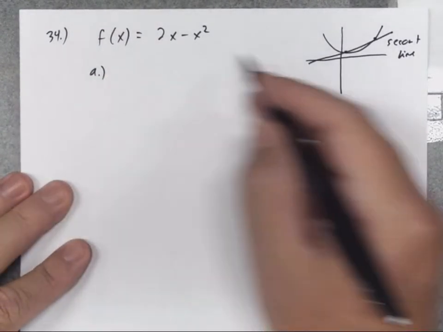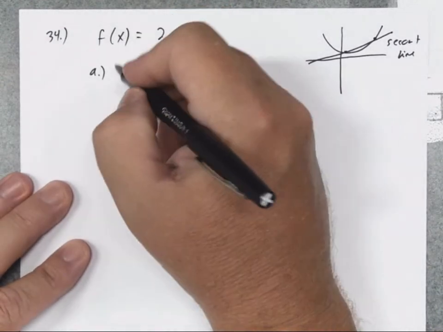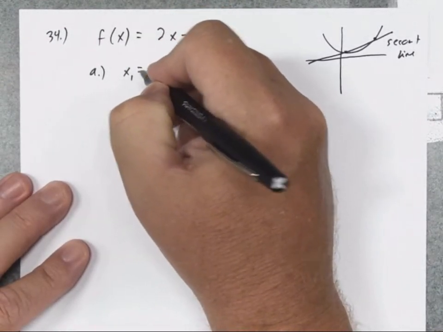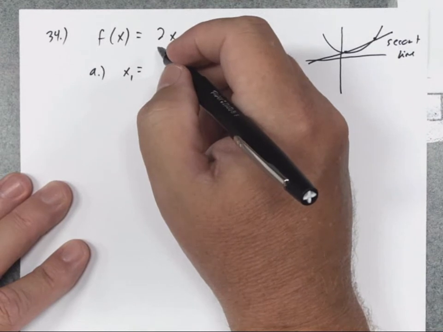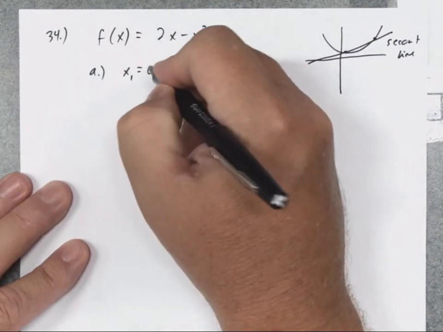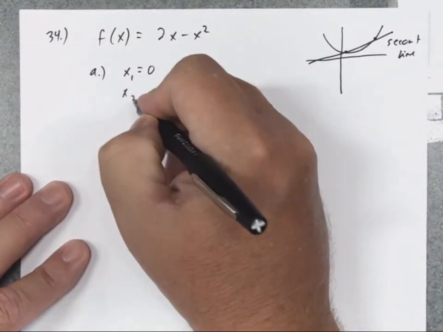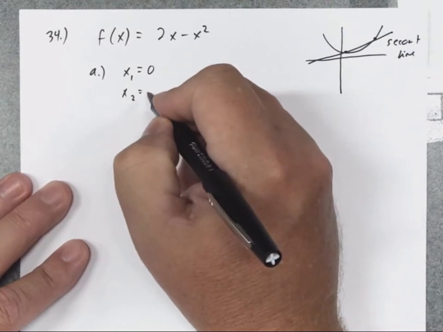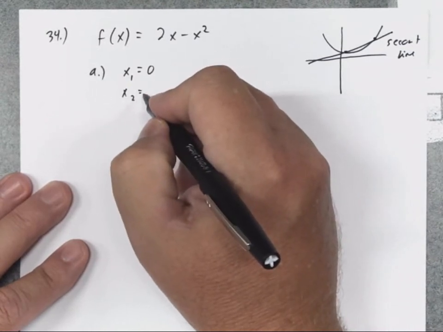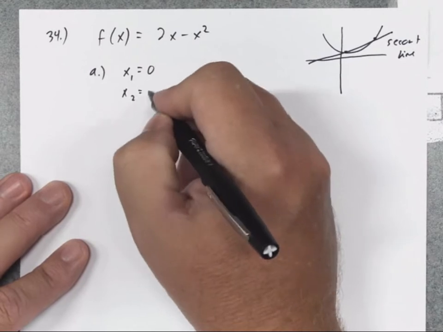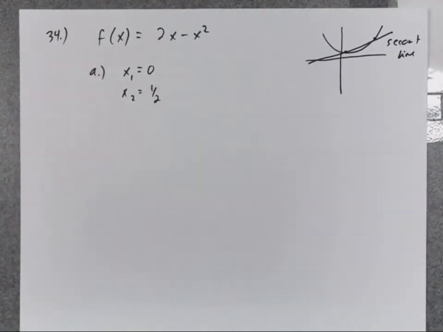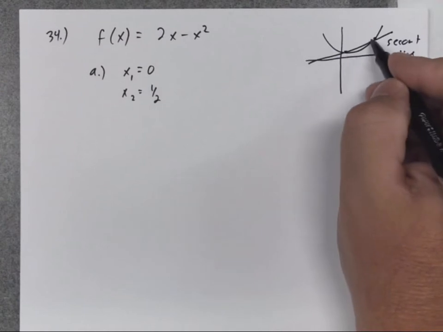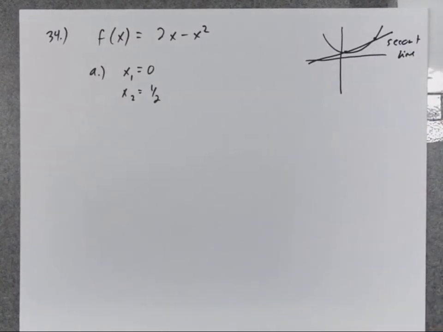What they're telling me here is they're giving me 2 points. Matter of fact, I'll call the first point x1. They're saying x1 is 0, and x2, a second value of x, a second point, is 1/2. So they're giving me 2 points on my function.